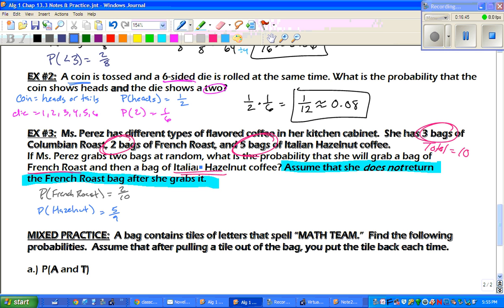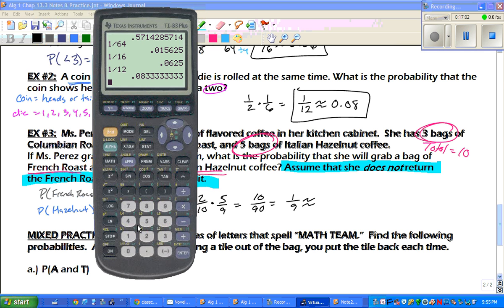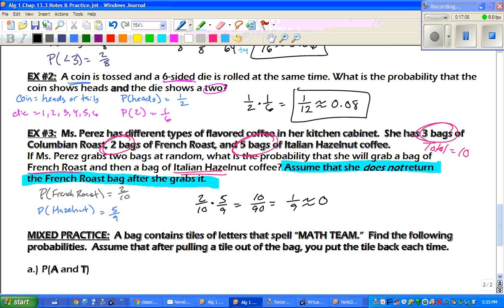It's 5 out of 9 because that's all that's left. So 2 out of 10 times 5 out of 9, and that reduces to 1 over 9. And when you divide that out, 1 divided by 9 is 0.11. Okay? You have to pay attention.